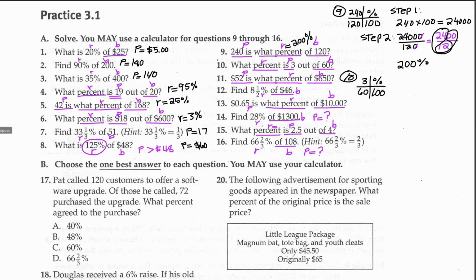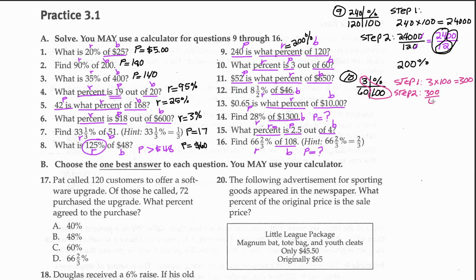Okay, to solve for this one, we need to multiply crisscross the 3 by the 100. So step 1, 3 times 100, that's 300. And then step number 2, 300 divided by 60.